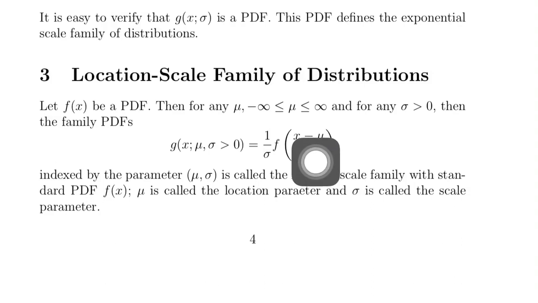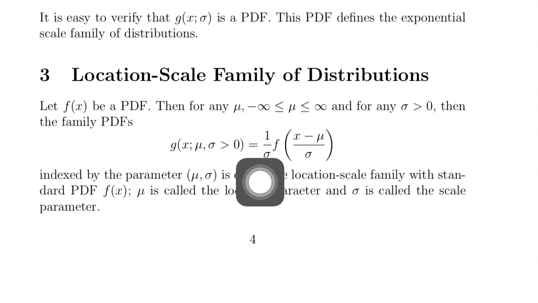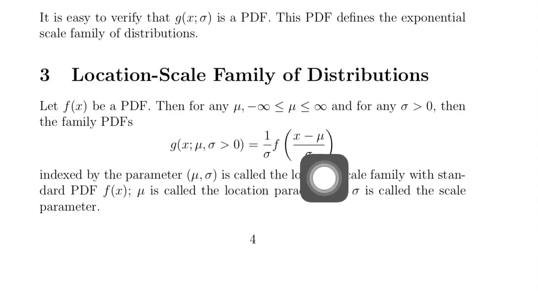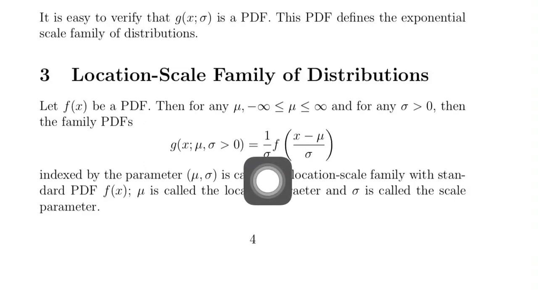If you are replacing x by x minus mu only, and if you are not pre-multiplying, you are making the change of origin. That means a scale family, a scale parameter we are changing. And while you are dividing this by x minus mu by sigma and pre-multiplying by 1 by sigma, you are changing the scale parameter also.